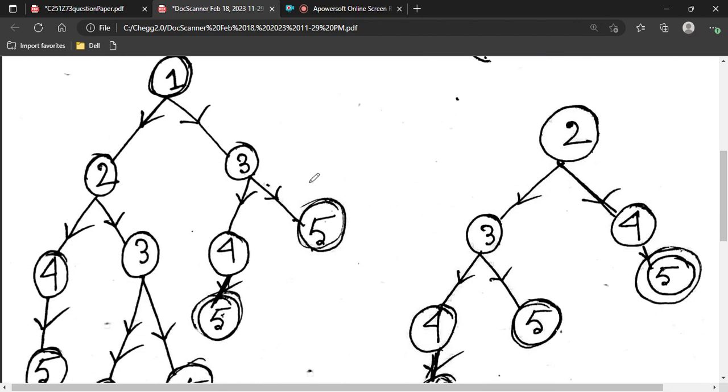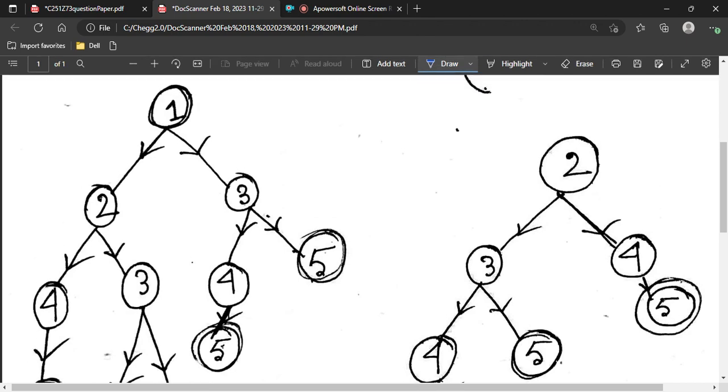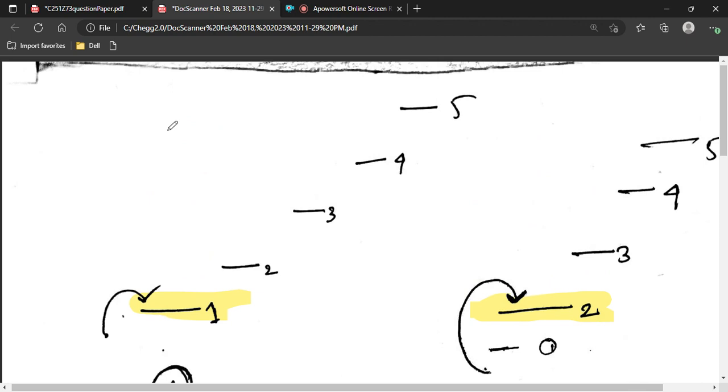Now how will you do it? Suppose you are on stair number 1. When you are on stair number 1, how many ways do you have in your hand? You have two ways, right? You are here, you can go to stair number 2, or you can go directly to stair number 3.